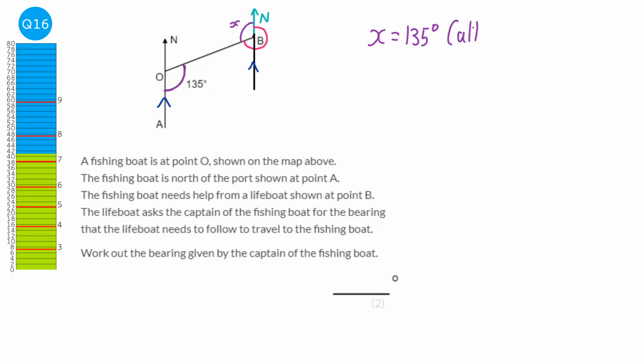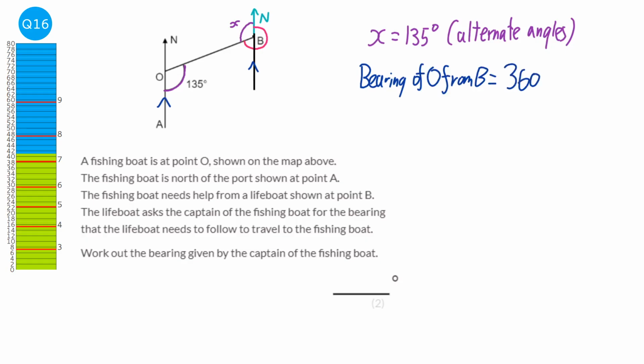So the reason for that is it's alternate angles. And always show the reasons to the examiner. Okay, and so to find out what the bearing of O from B is, it's just going to be 360 take away 135, and the reason for that is angles on a point.